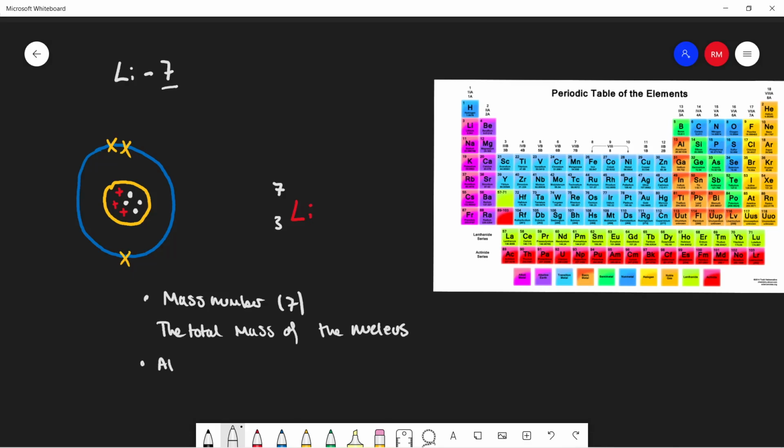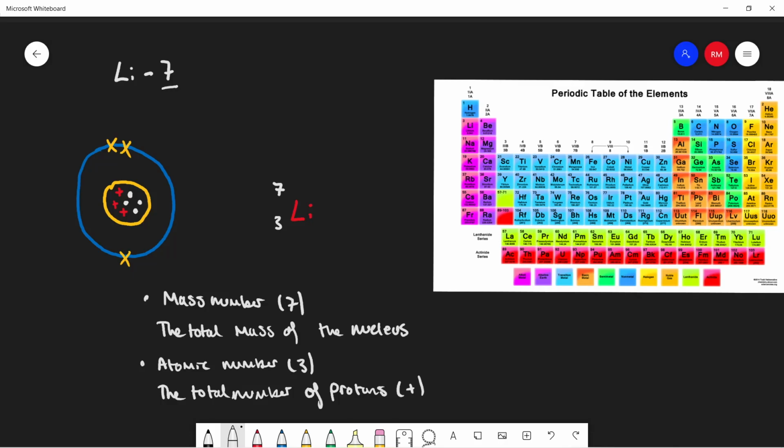And the atomic number, which is obviously 3 here, is the total, it's easier to say, the total number of protons. Just draw a little plus charge there. You know they're obviously positively charged.